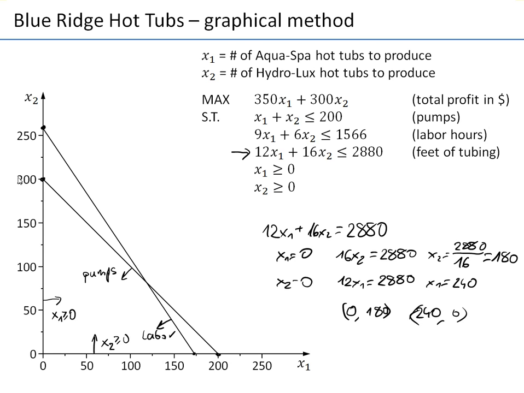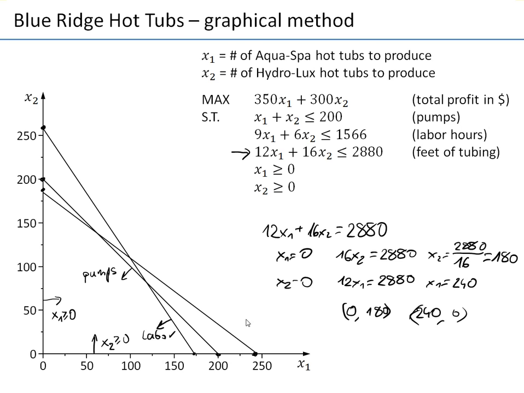So 0, 180 is somewhere here, and 240, 0 should be somewhere here. I need to draw a straight line through those two points. Let me try and draw it.